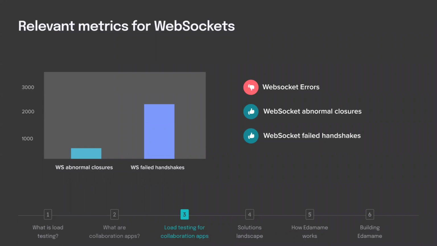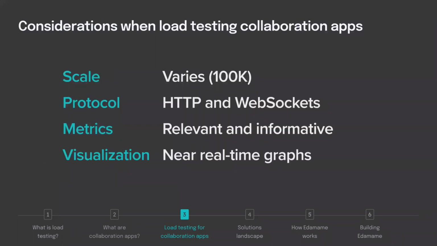For example, instead of looking at the number of WebSocket errors in general, we might want to take a more granular look at what's happening when errors occur. Developers might check the count of WebSocket abnormal closures in order to be informed of when the server is dropping connections. But looking at the count of WebSocket failed handshakes can tell developers when the server is having trouble making new connections.